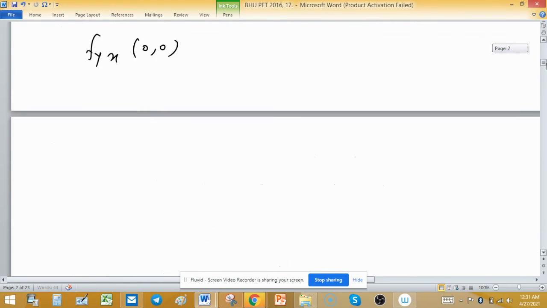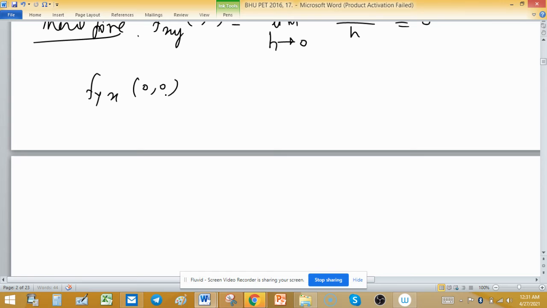Now calculate this one. So the meaning of this is, you can understand, the partial derivative of f_x with respect to y.